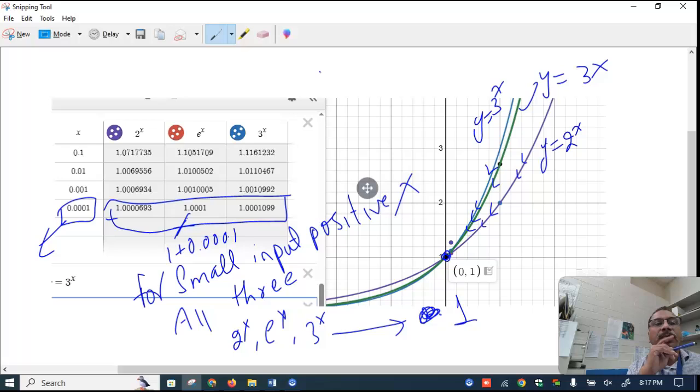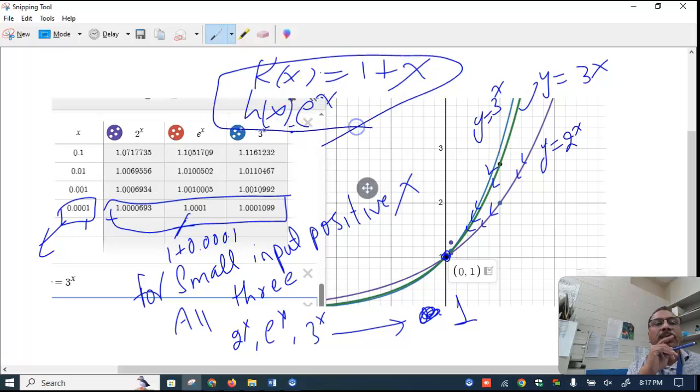So 1 plus x was kx. And this is for a very, very small number. And e raised to x was hx. So hx and e raised to x are the same thing.